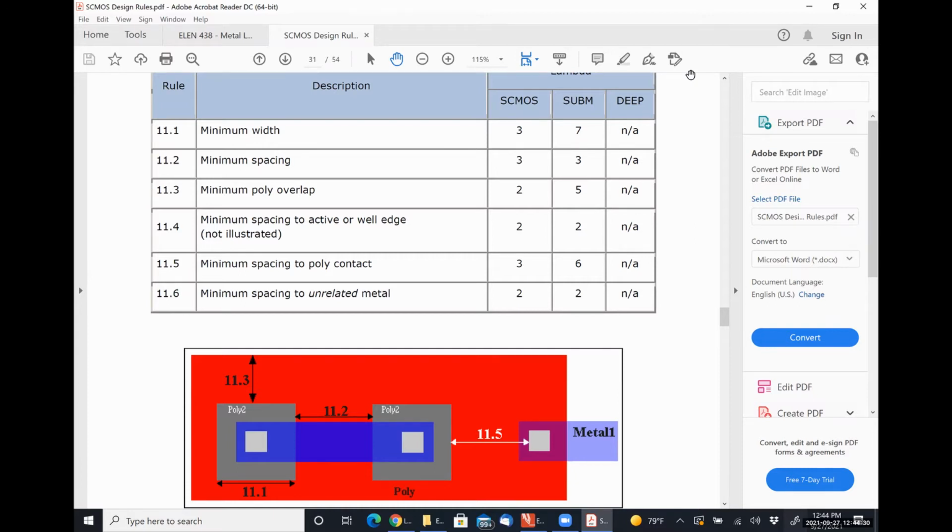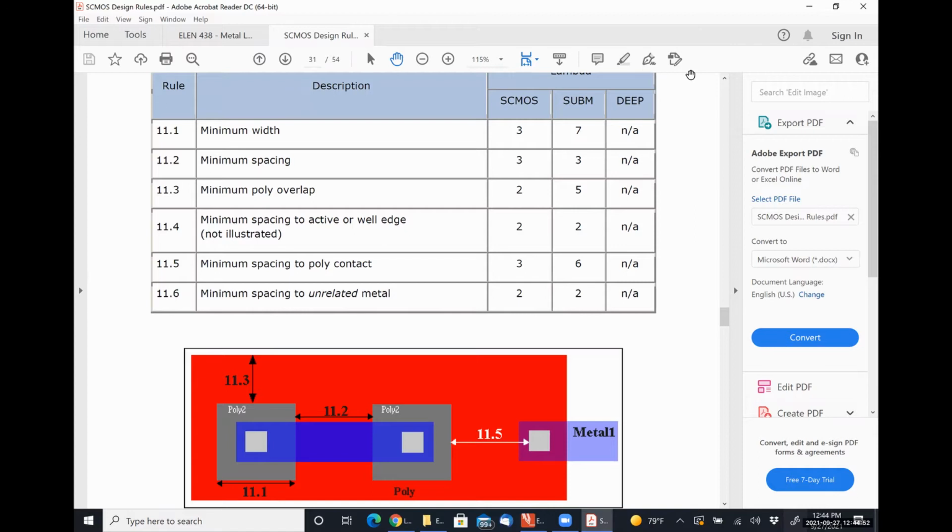If our poly 2 layer is 20 by 50, our poly 1 layer needs to overlap the poly 2 layer by 5 lambda in all directions.